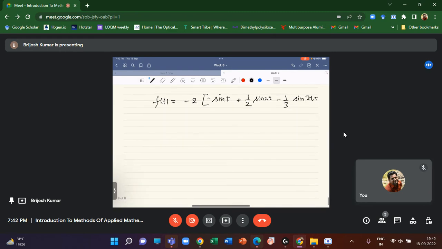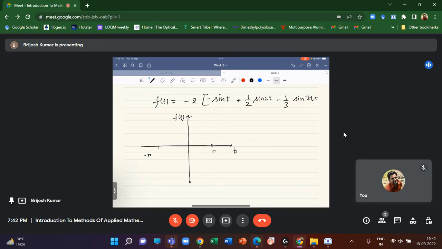Now if we sketch the same diagram on the axes of t and f of t, how will it look? This will be our period, minus pi to pi.